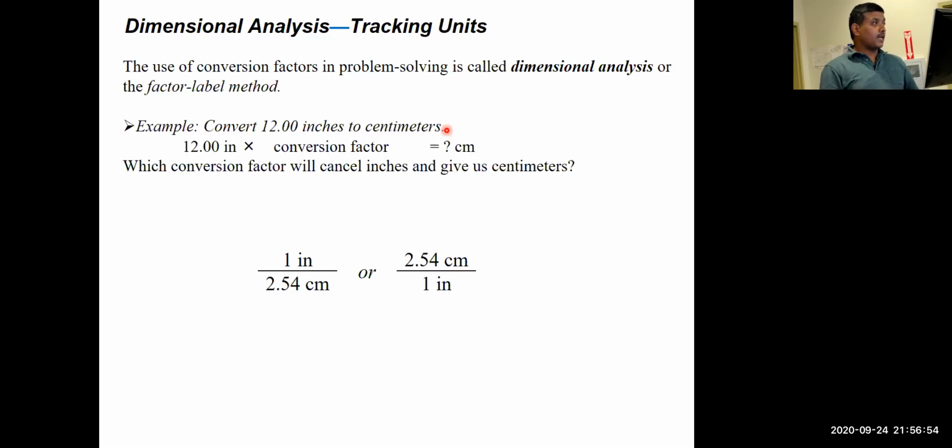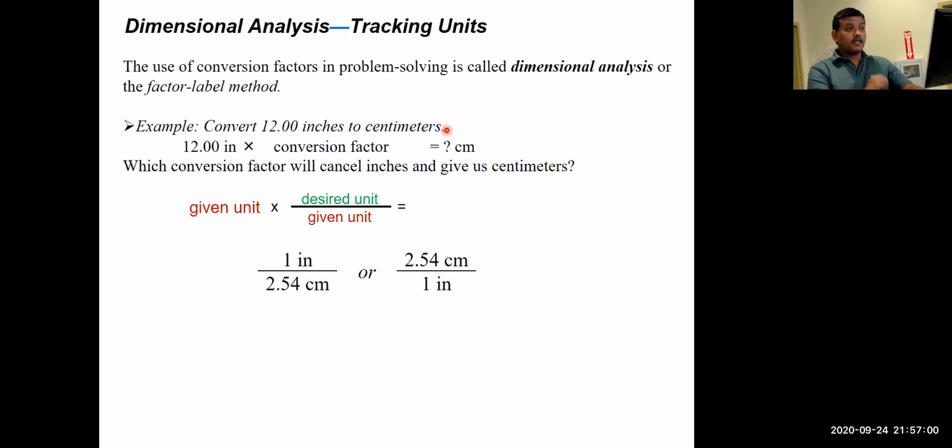As I showed you, this is the basic structure that you should be shooting for. The given unit here is inches. So in your two possible conversion factors, you should choose the one that has inches in the denominator.